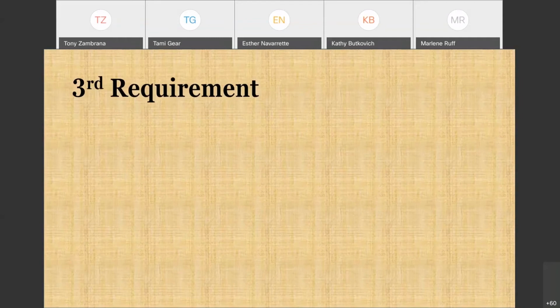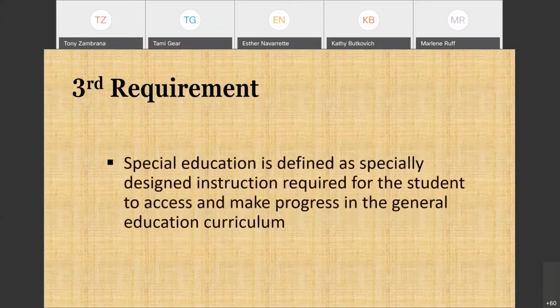And I'll explain a little bit of the difference. So special education is defined as specially designed instruction required for the student to access and make progress in the general education curriculum.